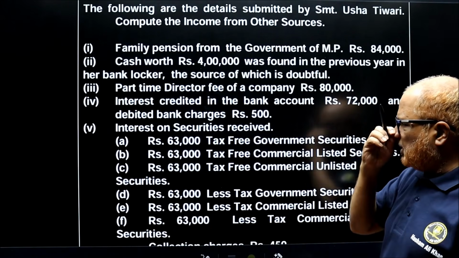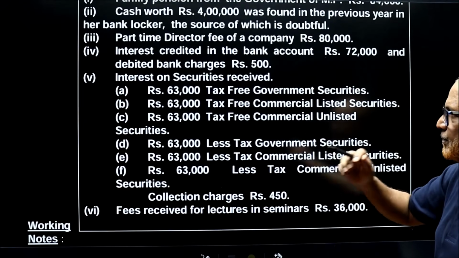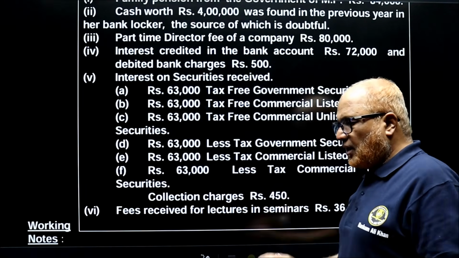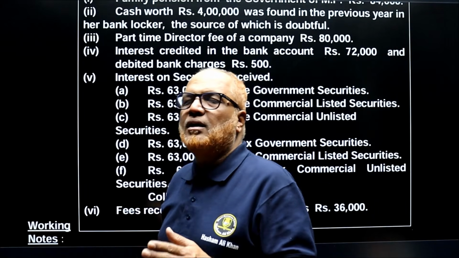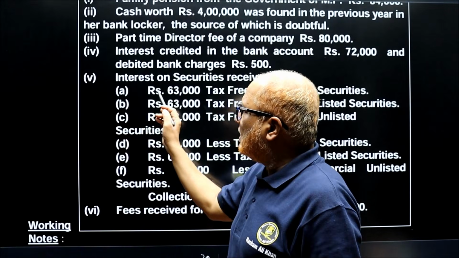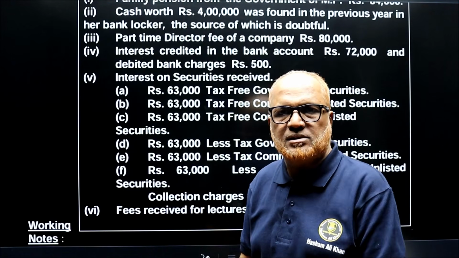Now interest on securities received. So all these are the received amounts. So 63,000 tax-free government security. In tax-free government security, net interest is equal to gross interest. That means whatever net interest is received, 63,000 is the gross interest, directly we will take, fully taxable.